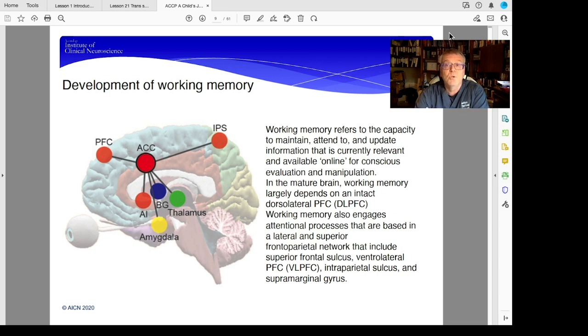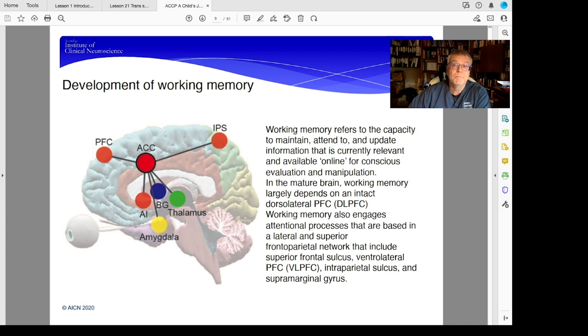It depends to a large part, and not solely, on the prefrontal cortex, and specifically the dorsolateral prefrontal cortex. And working memory also can engage attentional processes that are based on the lateral and superior frontal parietal networks that include the superior frontal sulcus, ventrolateral prefrontal cortex, intraparietal sulcus, and the supramarginal gyrus.